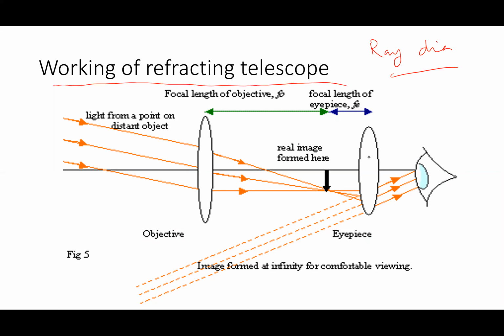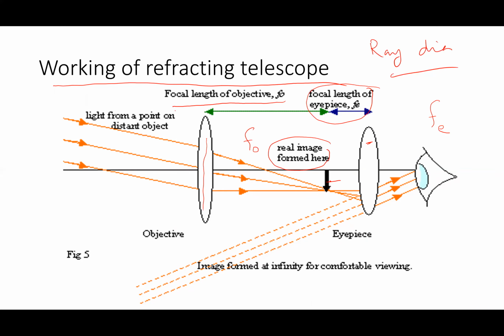This is called eyepiece, this is called objective lens. The focal length of eyepiece is Fe and focal length of objective lens is Fo. This is real image.